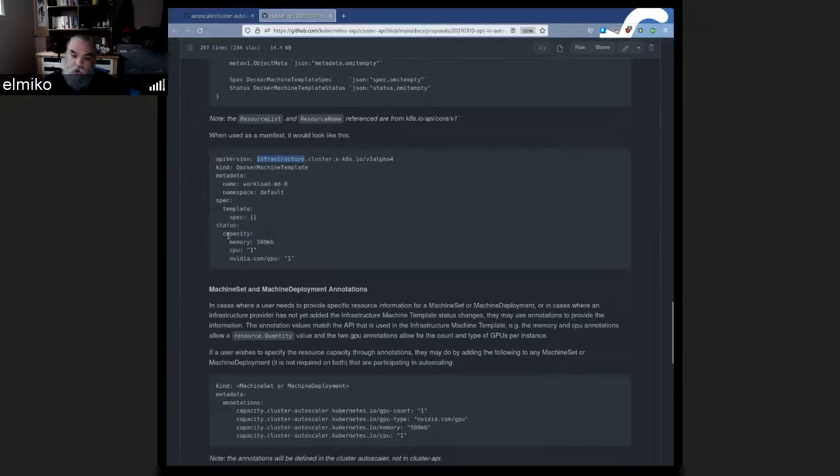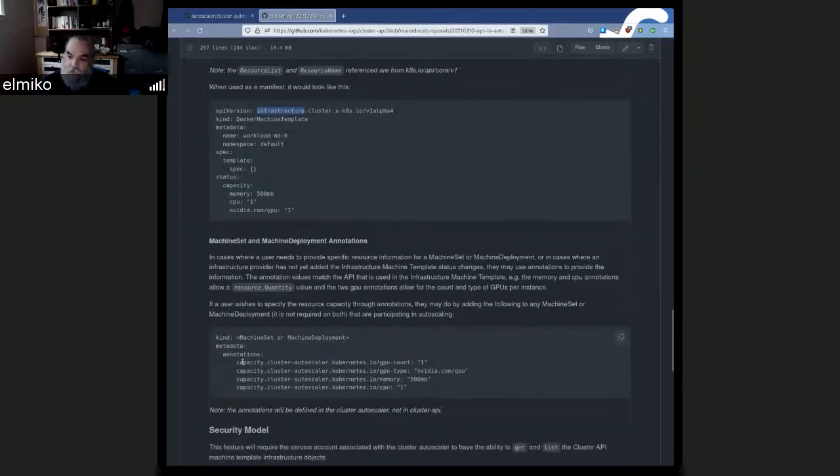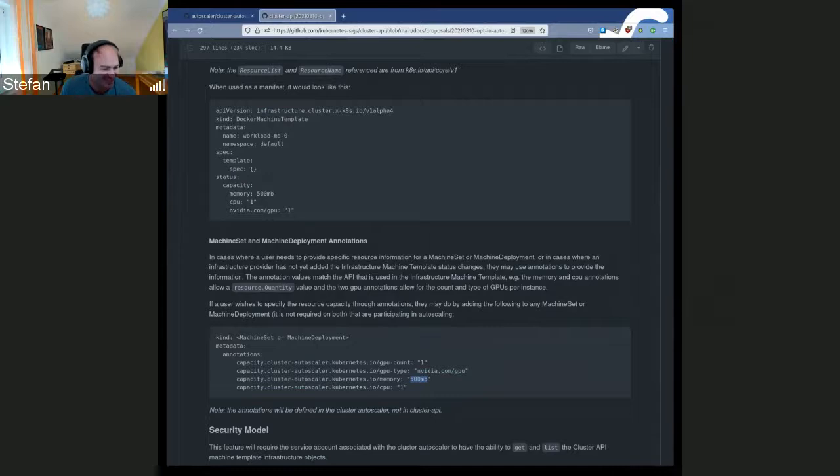So if the autoscaler sees an infrastructure reference, it will attempt to get that record, and then it will look to see if there's a capacity block. If there is a capacity block, it will use that. If there are annotations, it will use the annotations as an override. Yeah, sounds good. Now I remember the process. Got it. Makes sense.